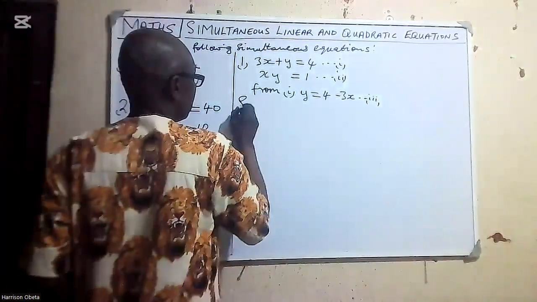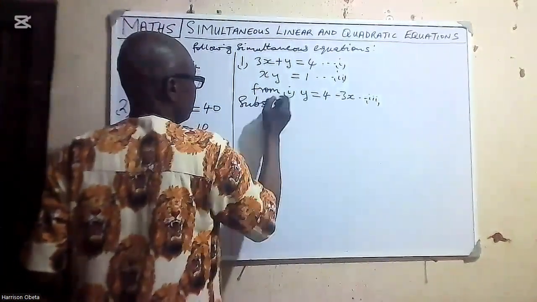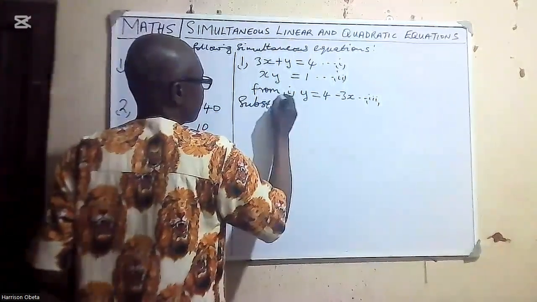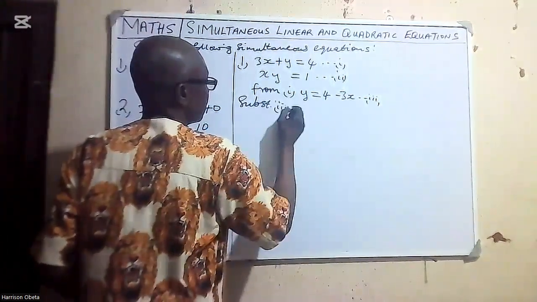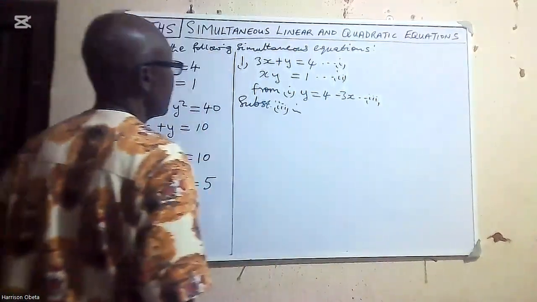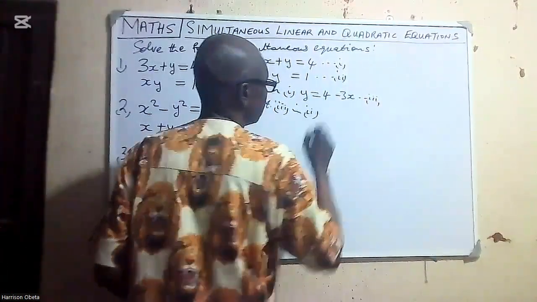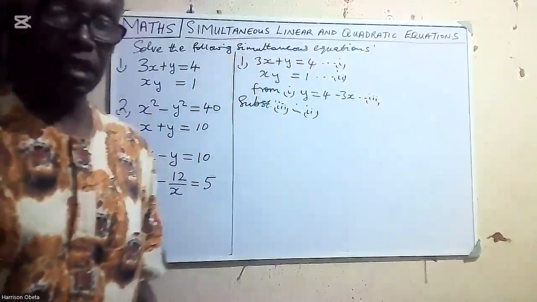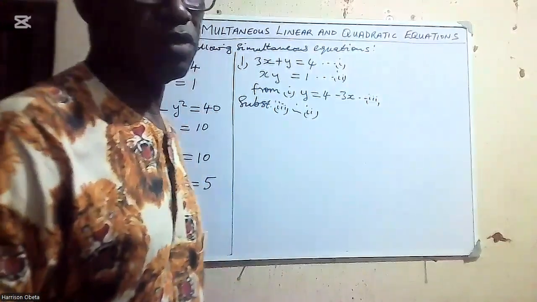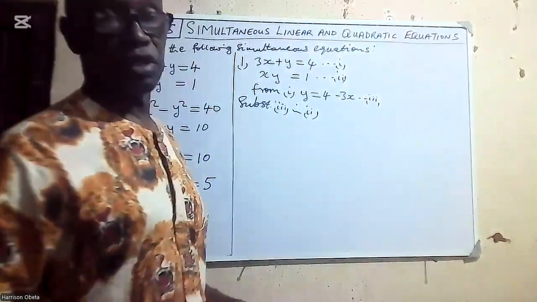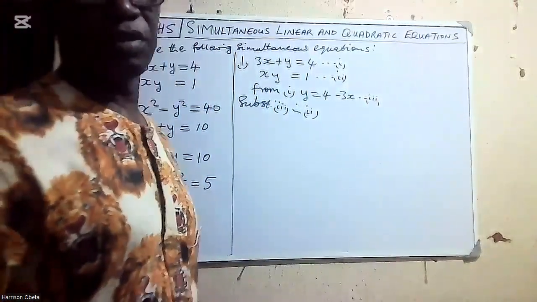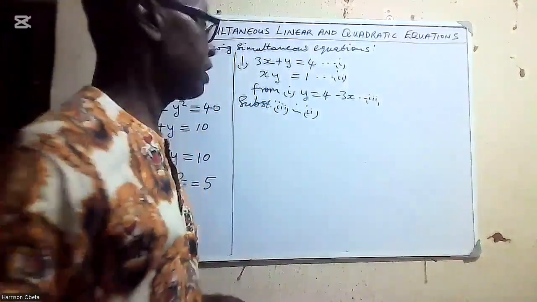Now substitute 3 in 2. Remember what I said in my last lesson? You use 1 to form equation 3, go back to equation 2. You use 2 to form equation 3, you go back to equation 1.